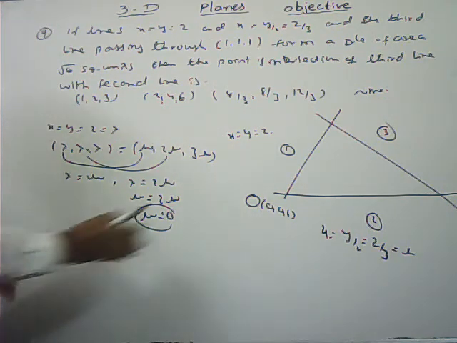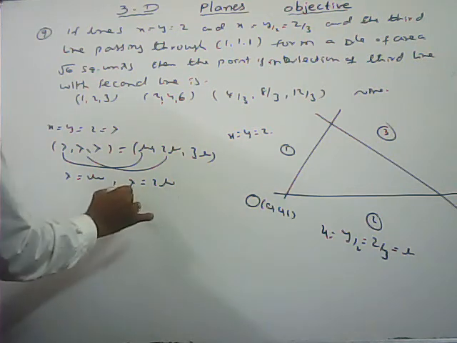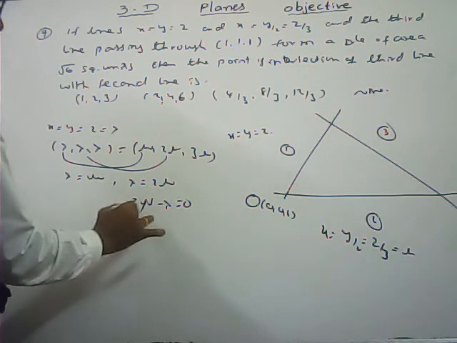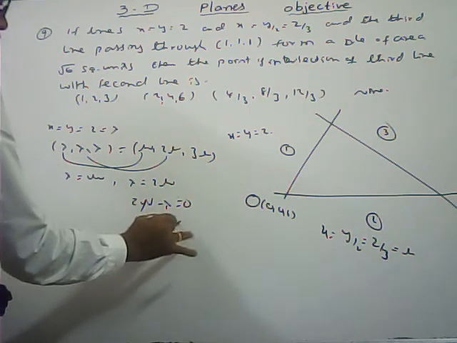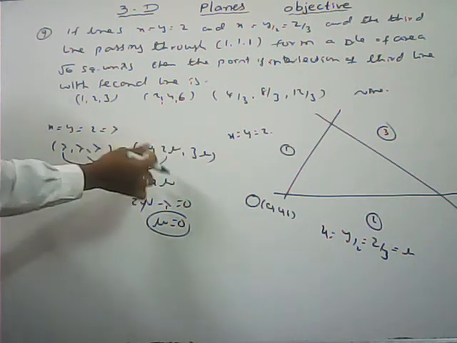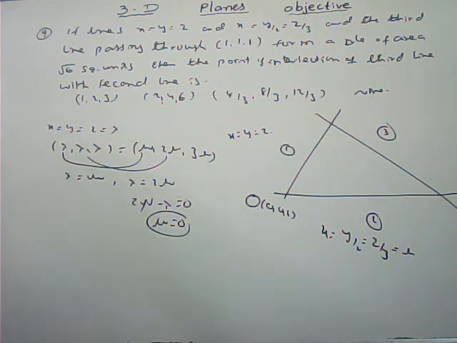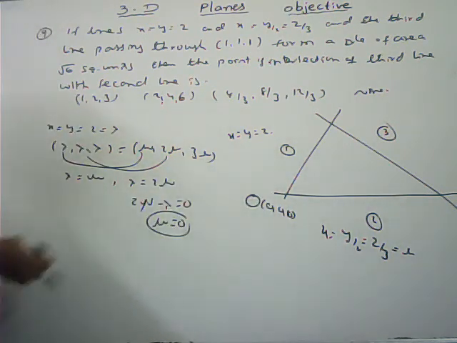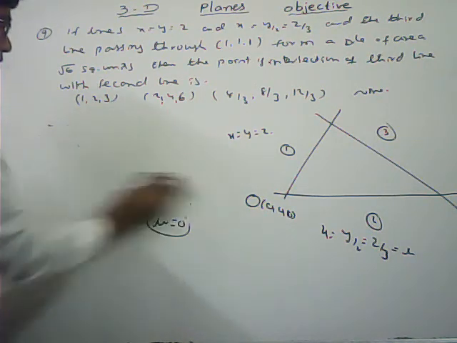Otherwise, 2 mu minus lambda equals 0, 2 mu minus mu, that is mu equals 0. By equating these two also, 3 mu minus lambda equals 0, that is 2 mu equals 0, mu equals 0. So 0, 0, 0 is the point of intersection of the first and second lines.